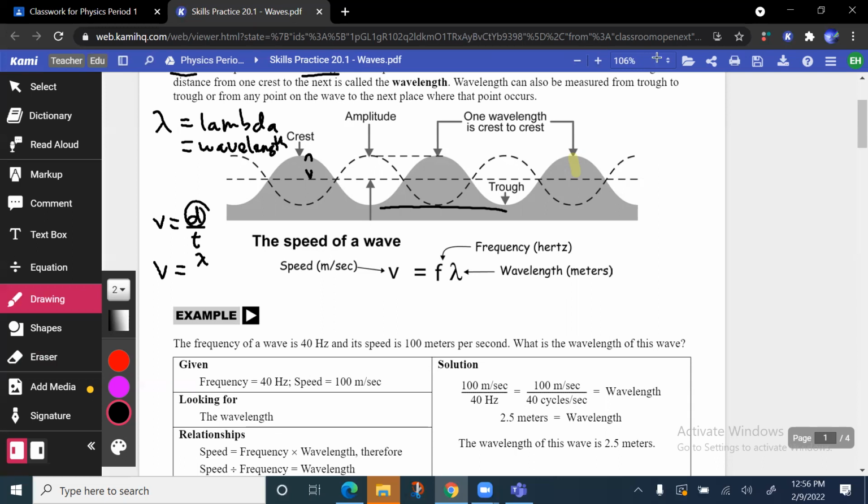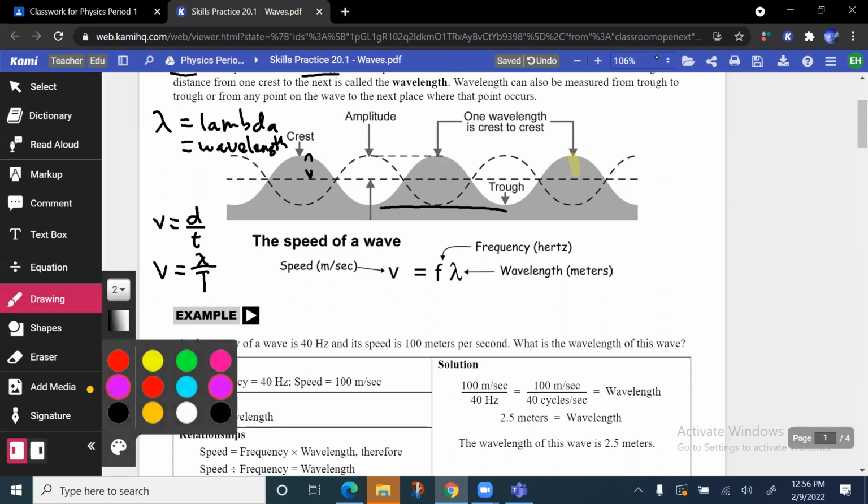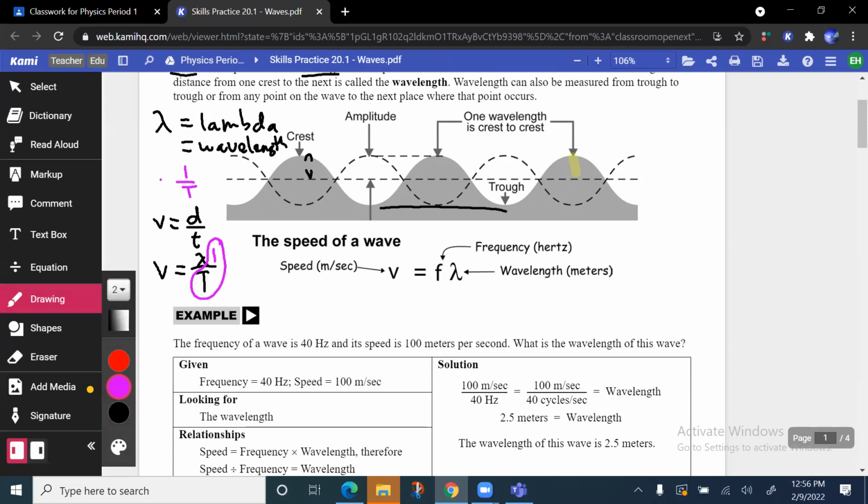So the distance is going to be the wavelength. The time for one wave would be the period. So wavelength divided by period. Now, one thing hopefully we remember from last week is that the inverse of the period, 1 over the period, is the frequency. So that's where this equation comes from here, wavelength times frequency.